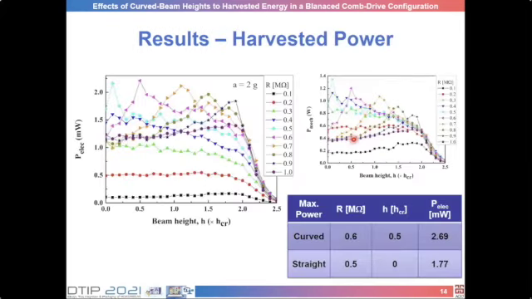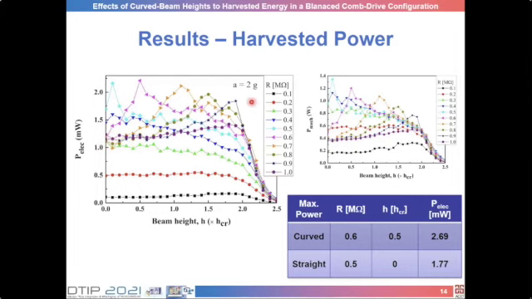Finally, this is the calculated harvested power with different beam heights and load resistances. As is well known, there is an optimum load resistance for maximum power transfer. Also, there is an optimum beam height which varies for different load resistances. For example, in this case, the green curve, for which the load resistance is 0.3 megaohm, power is a maximum with a straight beam, H is 0.